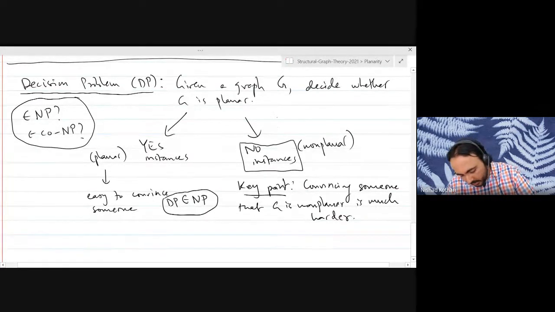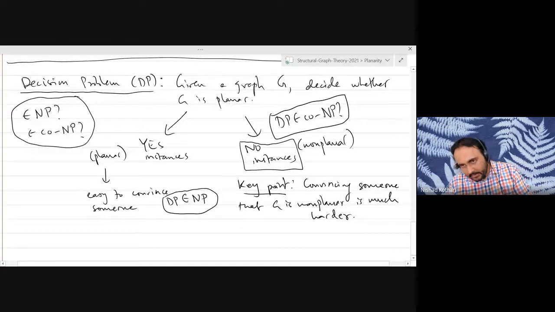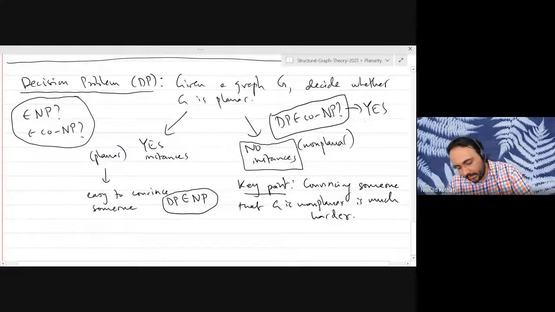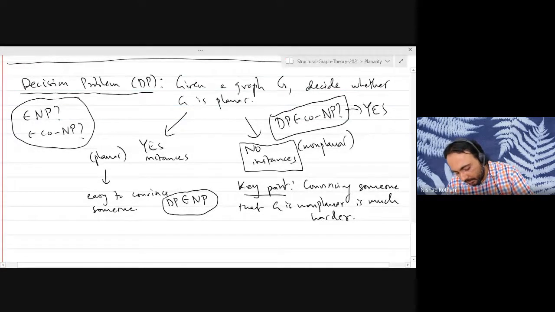So does the decision problem belong to co-NP? It's not clear. It is true, but that requires a theorem called Kuratowski's theorem, which we will talk about in some time, or maybe in the next lecture.